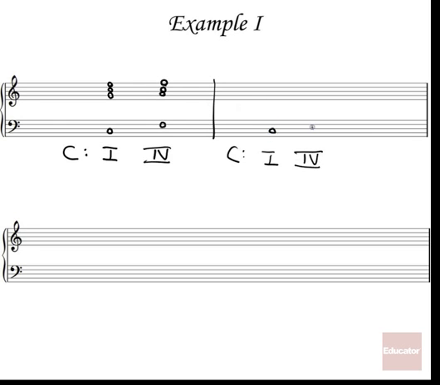And we have C to F, and let's say it starts with C, E, G like this, and the second chord is F, A, C. So of course this is full of errors. Here C moving to F and C moving to F gives us parallel octaves, and then this C moving to F along with the G moving to C gives us parallel fifths.